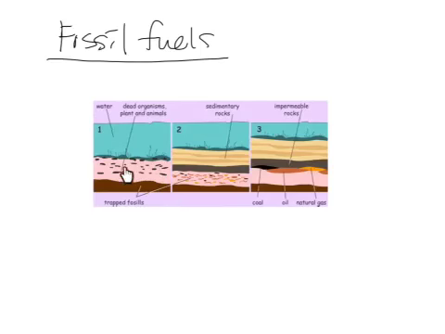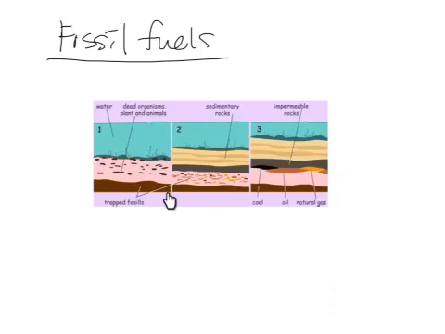Over some time, they get trapped underneath rocks and sand and soil, yeah? And then over time there will be anaerobic breakdown of such dead organisms as well. So there will be bacteria in there and they will break down the organisms, but without oxygen. So that's why we call it anaerobic respiration.